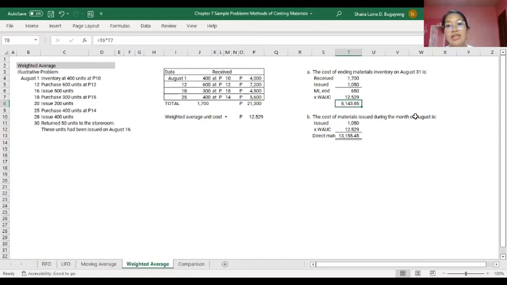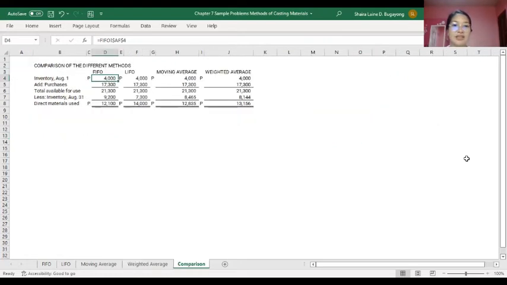So our cost of ending inventory is 8,143.85. So always round your answers to the nearest two decimal places. The cost of materials issued during the month, kay sugat ni 1,050 multiplied by the weighted average unit cost. So that is 13,155.45. Okay.